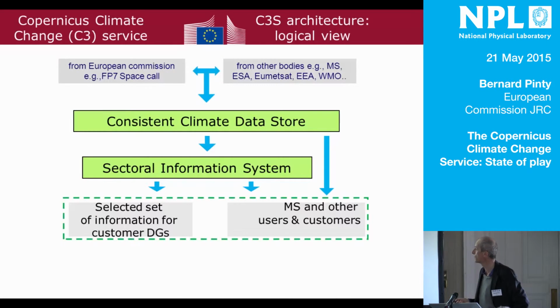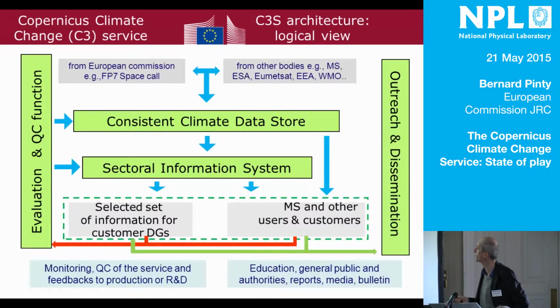Now, the way the system has been organized is shown on that slide. You basically have four building blocks. The first one is a climate data store, where we deal with geophysical quantities. Here we are in geophysical units, the sort of thing that you know and are familiar with. So not only observations, but also reanalyzed fields, forecasts and projections.